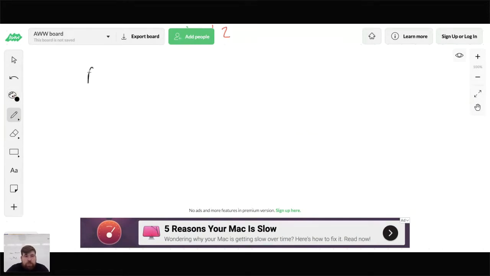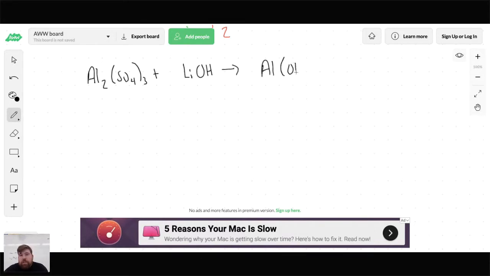It's aluminum sulfate, Al2(SO4)3, will react with lithium hydroxide, LiOH, to make, oh, one sec, I'm at school, so, to make Al(OH)3 and Li2SO4. All right, wonderful.